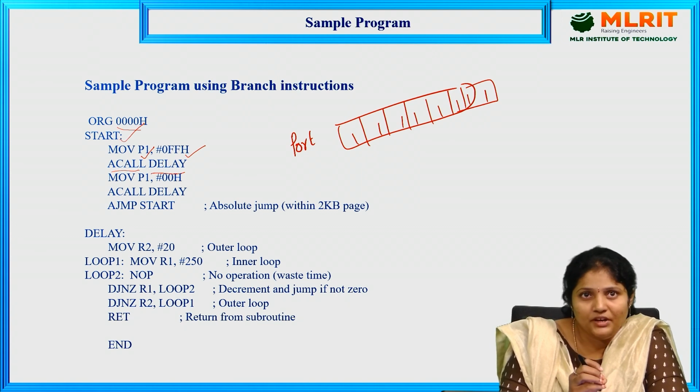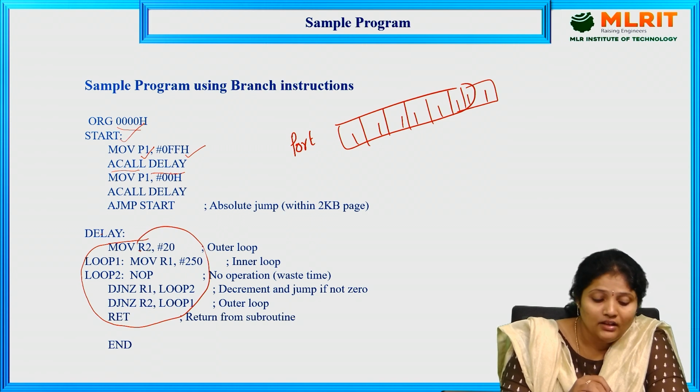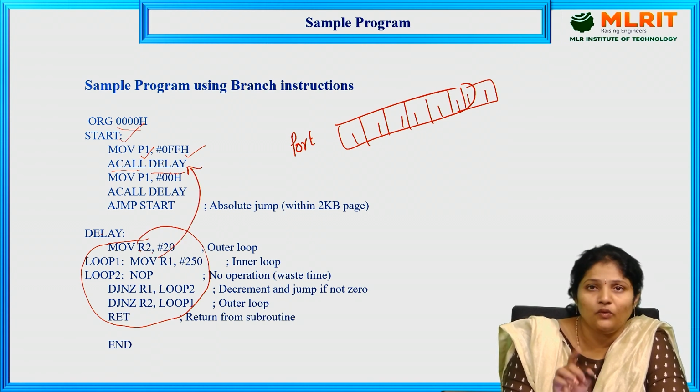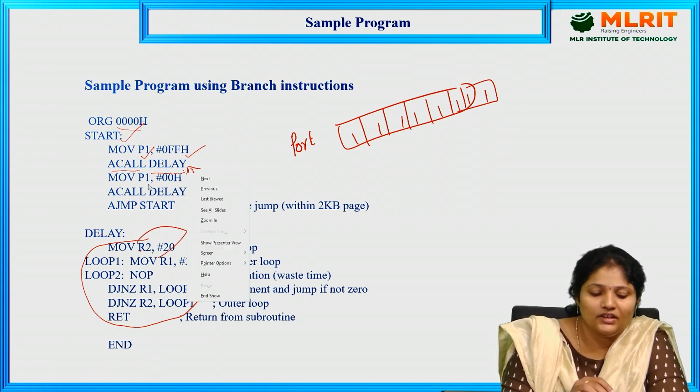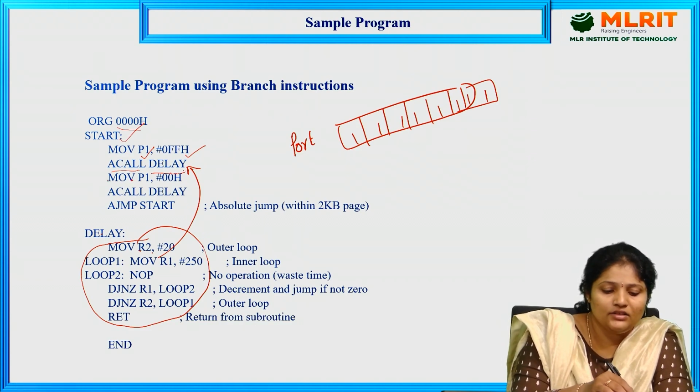The operation is the same, but if we are calling the delay, the instructions present in the delay label will be executed once, and after that the control moves to the next location.